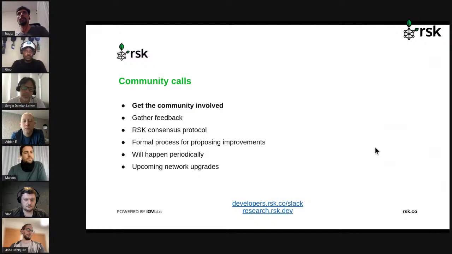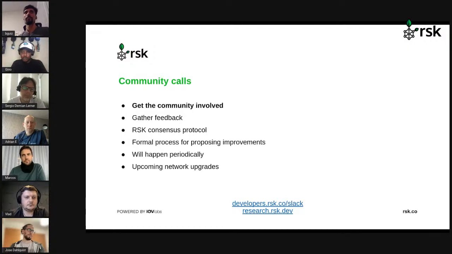All right. So what are these community calls about? The most important thing is to get the community involved, right? We want to gather feedback, and we also want to provide a way to announce as well as discuss the consensus protocol changes for the RSK network.